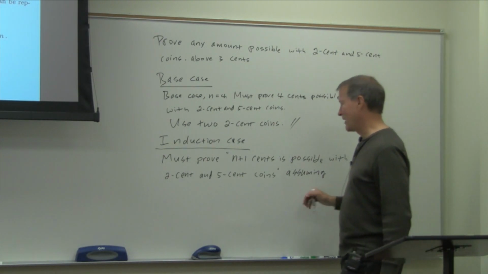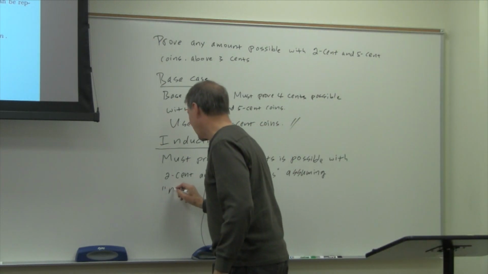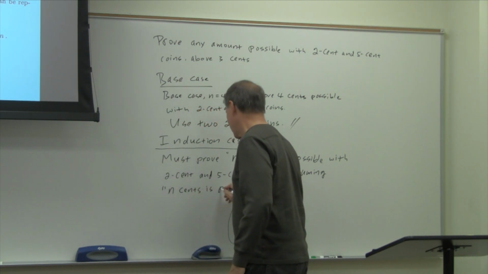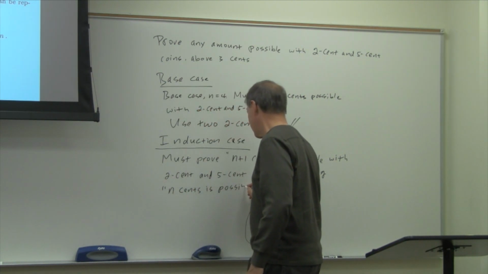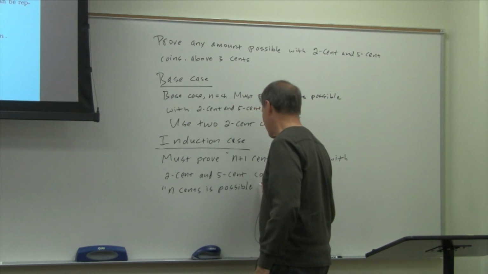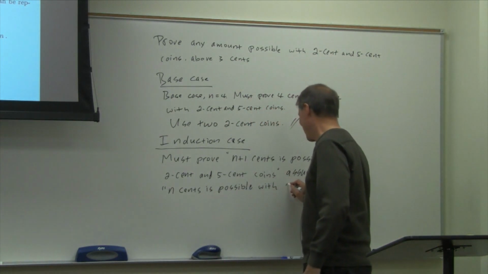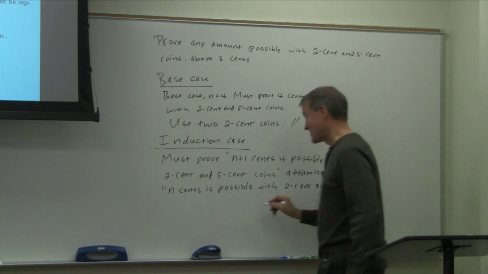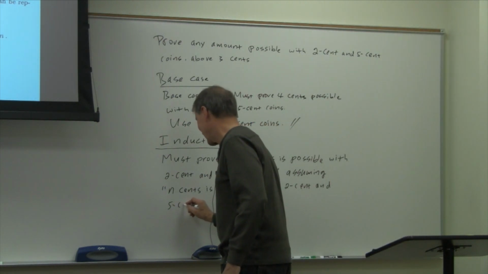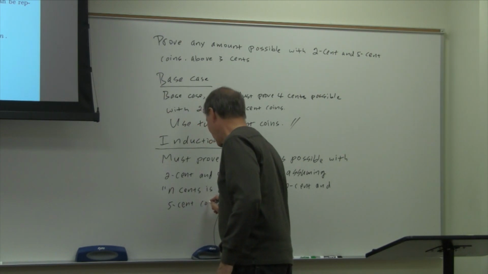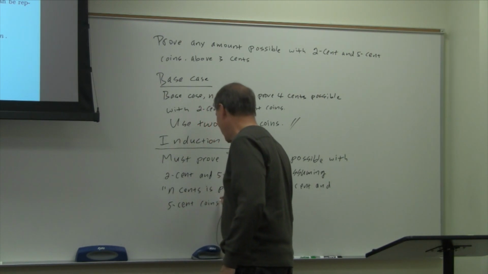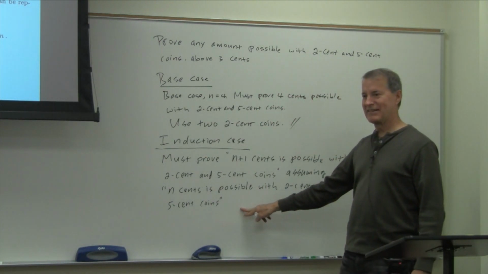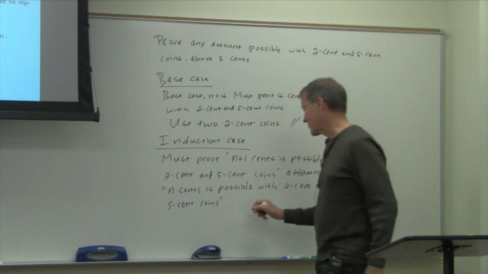Assuming, quote, n cents is possible with 2-cent and 5-cent coins. But now what do we have to say? There's another phrase: as the inductive hypothesis.